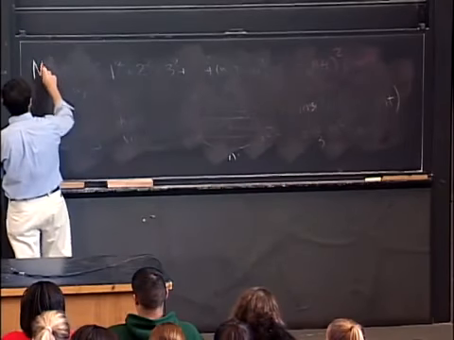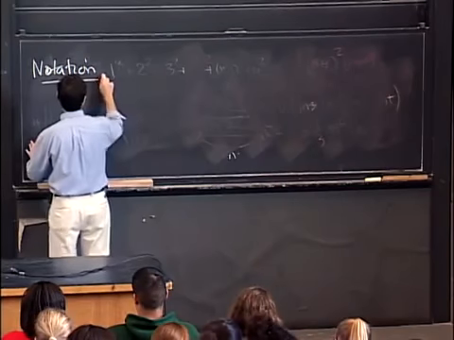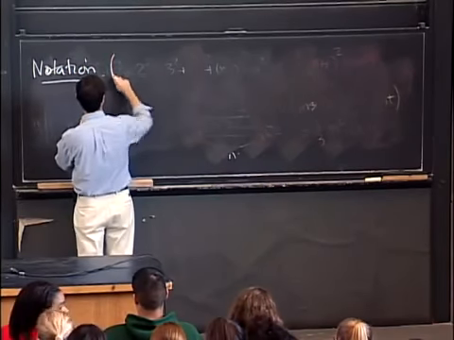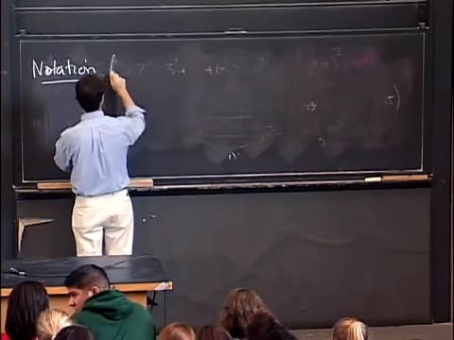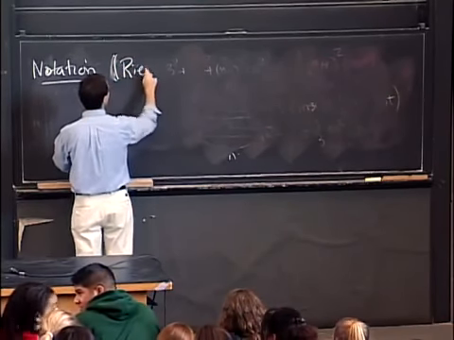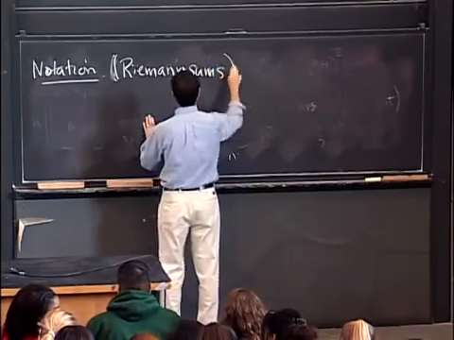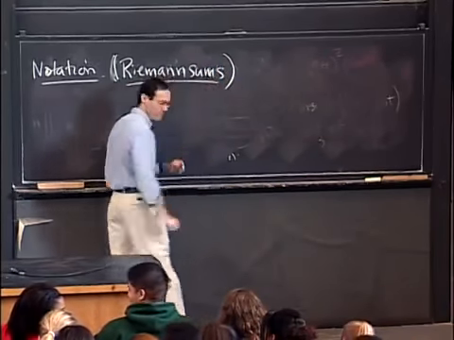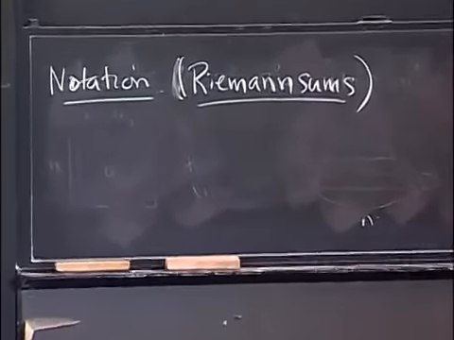So let me just add a little bit of notation for definite integrals, all right? And this goes under the name of Riemann sums, named after a mathematician from the 1800s.